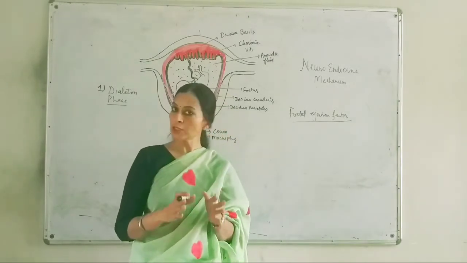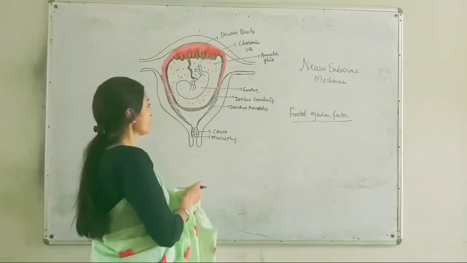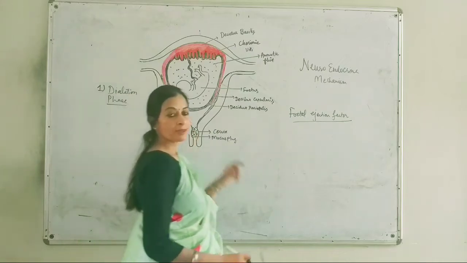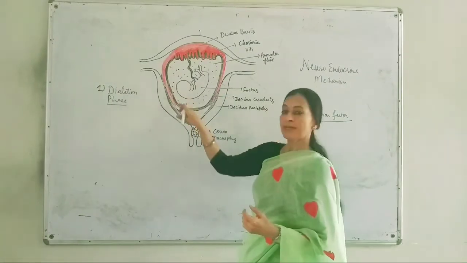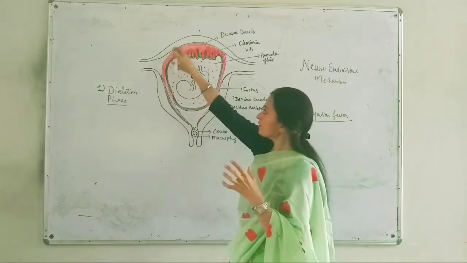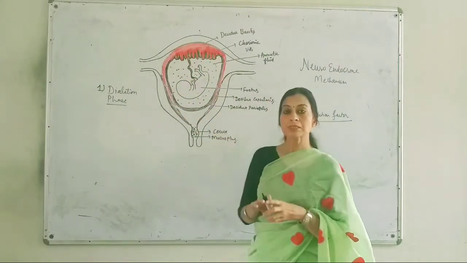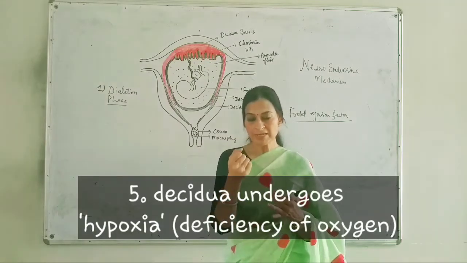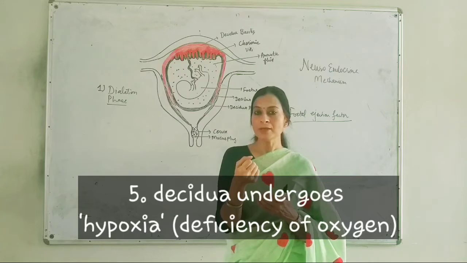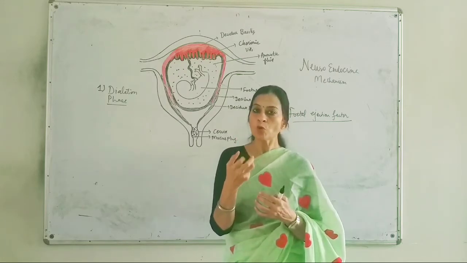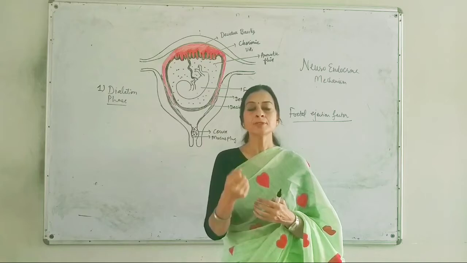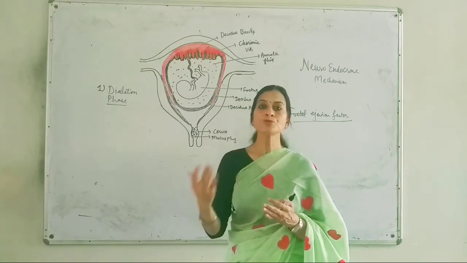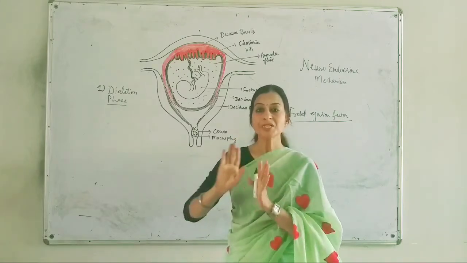So under the influence of oxytocin hormone, first of all, in the dilation phase, the uterine cavity, or the endometrial layer covering this fetus, undergoes hypoxia, meaning the blood vessels contract, and this decidua part undergoes hypoxia, meaning the supply of oxygen is reduced here because now it has to be shed off.